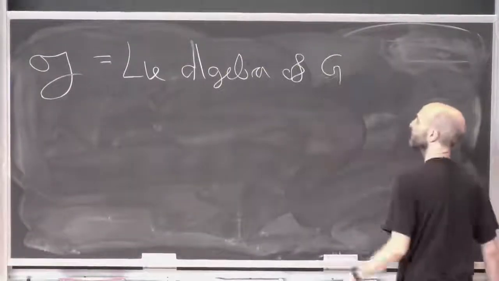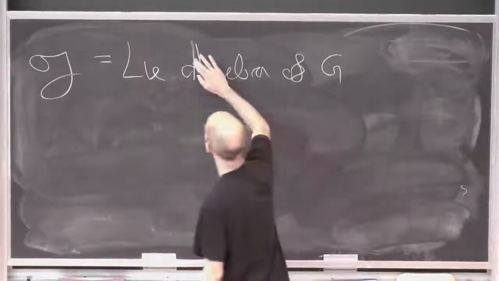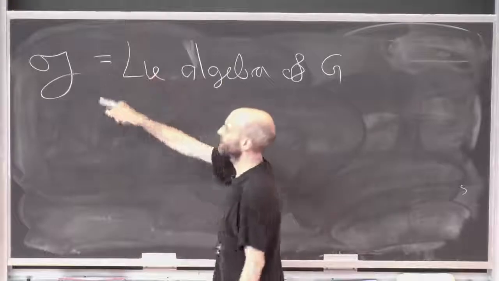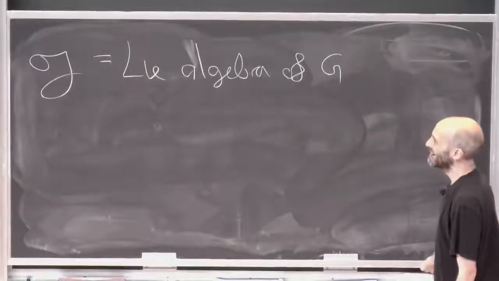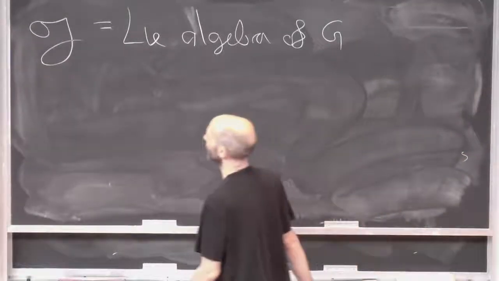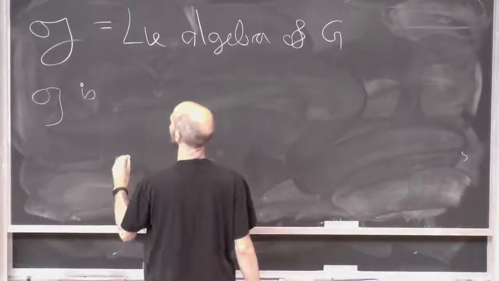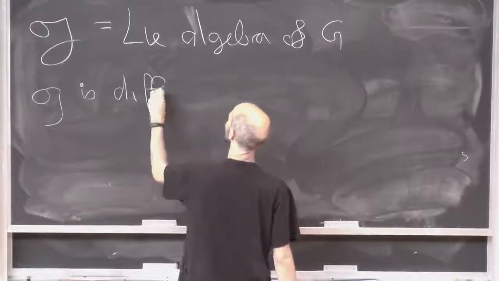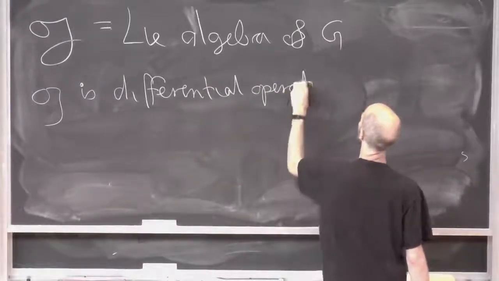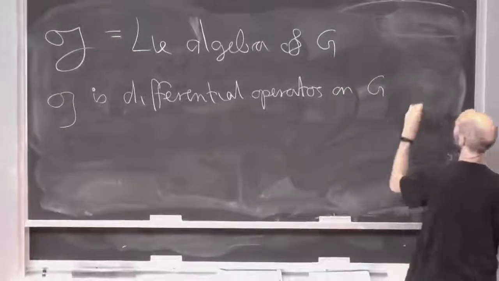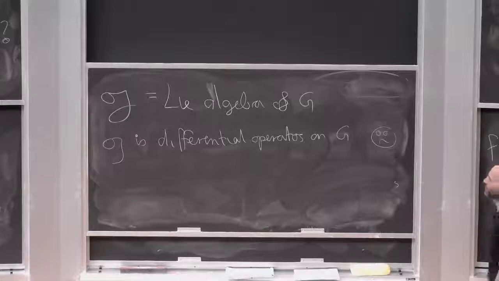When I was doing my Lie group class, this much I was kind of happy with. I sort of understood tangent spaces of manifolds, so I sort of understood the Lie algebra of G. And now there's this weird thing: the Lie algebra has something to do with differential operators on G. I'm not too happy with this statement, but I'm pretty sure that's how it works.